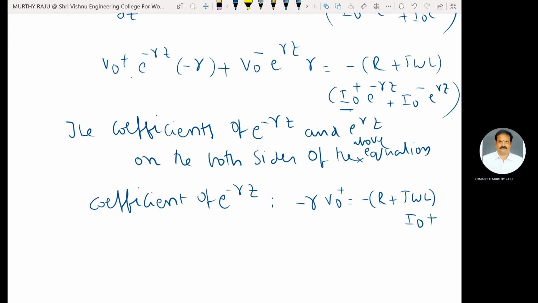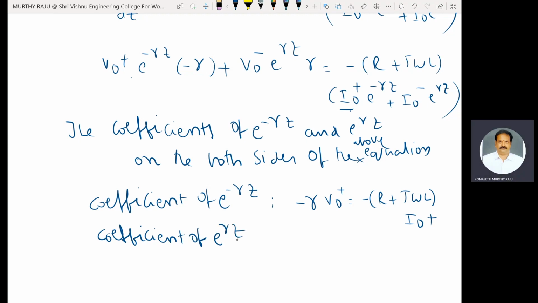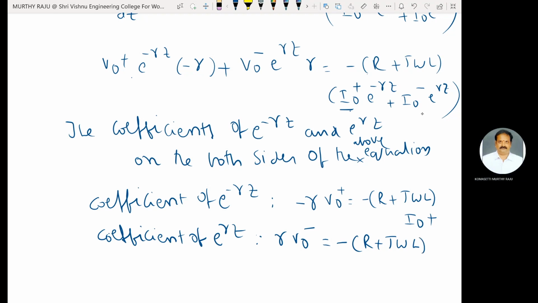Coefficient of e power gamma z: gamma into V0 minus is equal to minus (r plus j omega l) I0 minus.